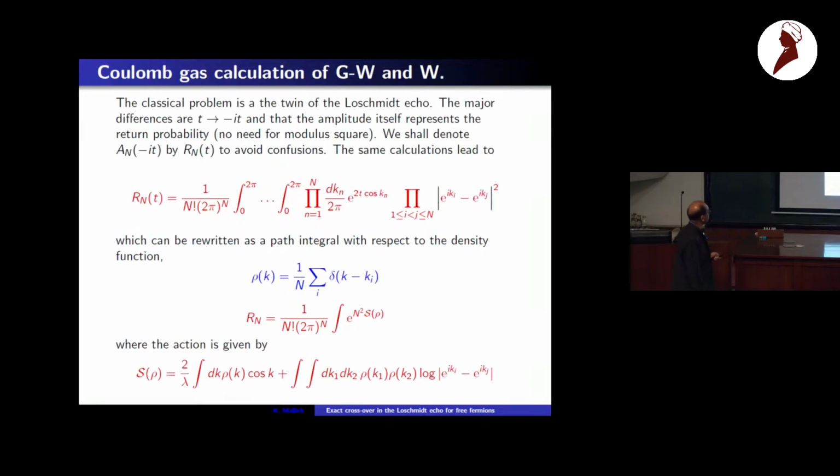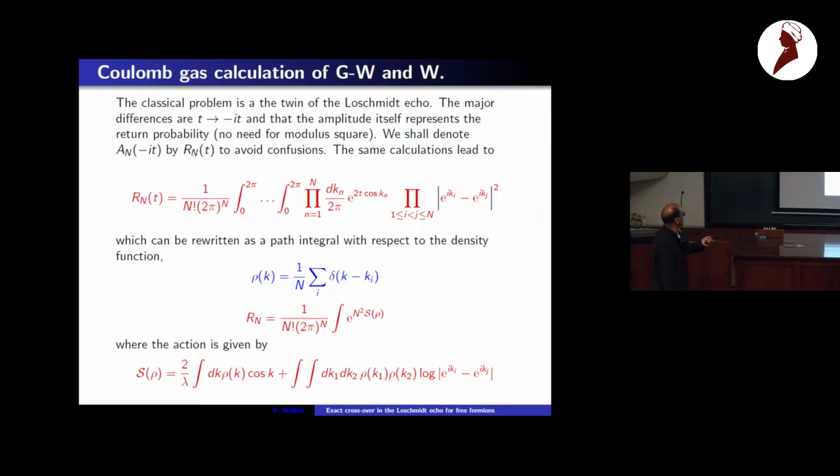Okay. And if I copy again what we did before, you can redo the same calculations. The only tiny difference is that before, we had an i here, and now we don't have an i anymore. t has become minus it.